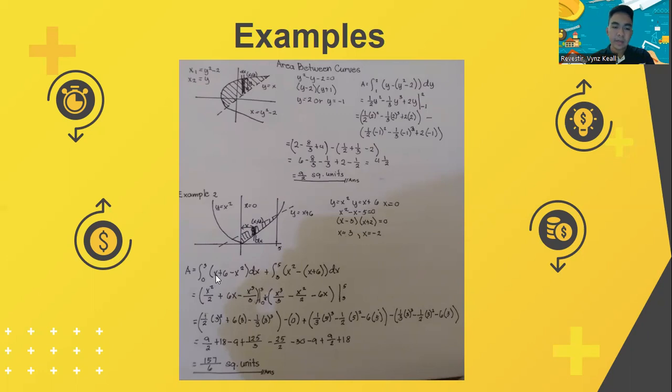So the integral of x is x squared over 2, plus the integral of 6 is 6x, minus the integral of x squared, which is negative x cubed over 3, with the limits of 0 to 3, plus the integral of x squared, which is x cubed over 3, minus the integral of x, which is x squared over 2, and the integral of negative 6, because we distributed the negative sign to x plus 6, is negative 6x with the limits of 3 to 5.